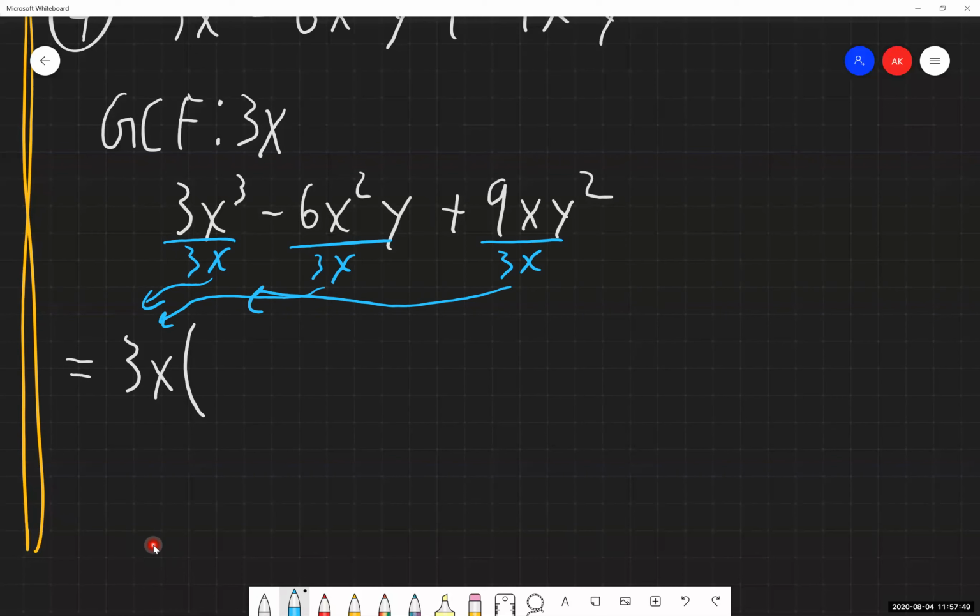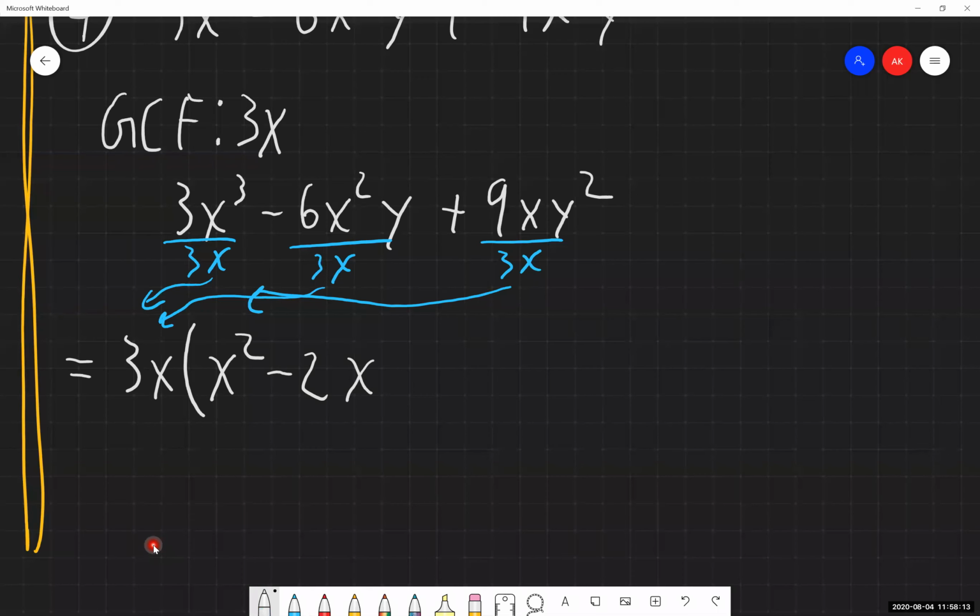The 3's will cancel, and I'm going to be left with an x squared for the first term. For 6x squared y divided by 3x, 6 divided by 3 is going to give me 2. X squared divided by x is just going to give me an x.